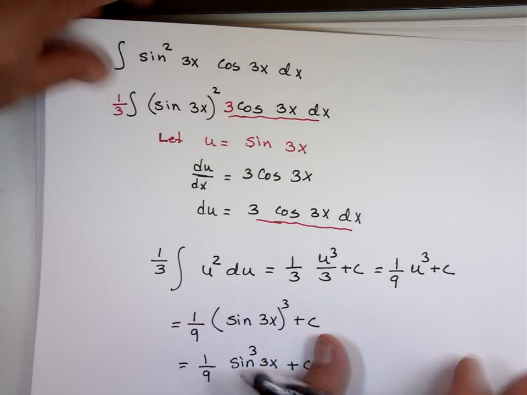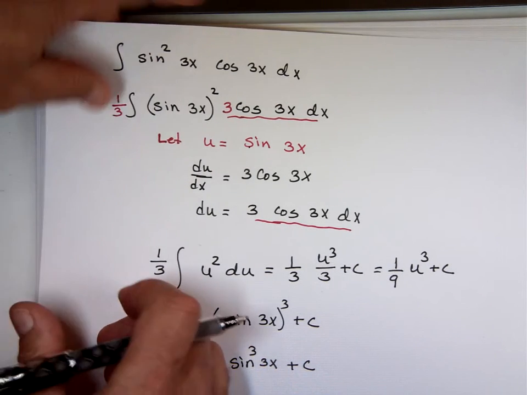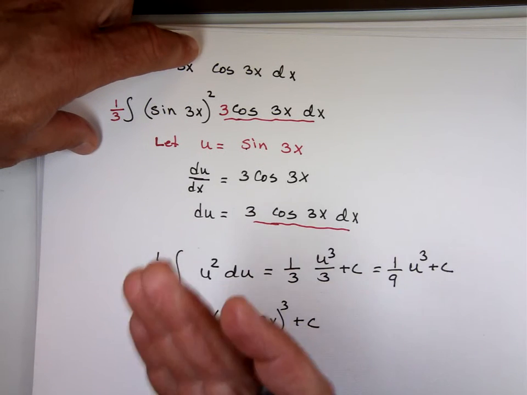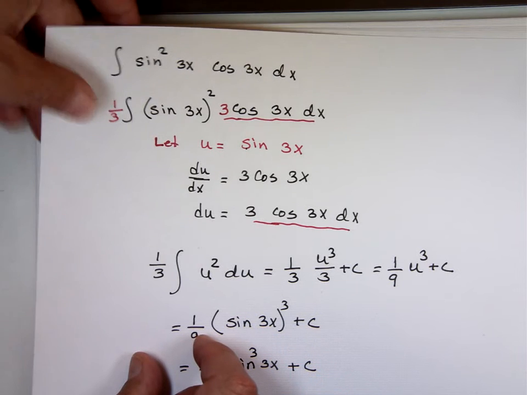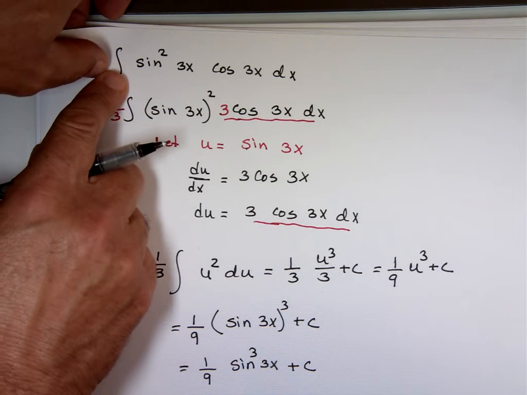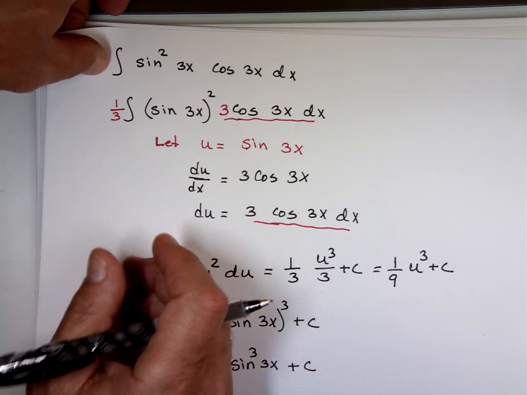The question is, sine to the -1, does that mean 1 over sine? I said no. Sine to the minus 1 on your calculator is the inverse function. And by the way, the integral is the inverse of the derivative. The derivative is the inverse of the integral.